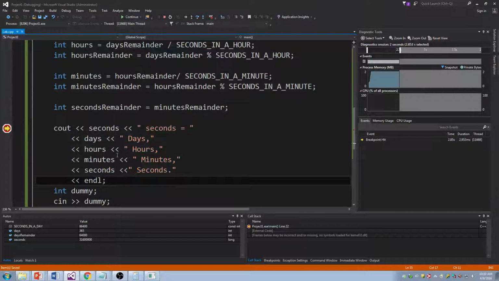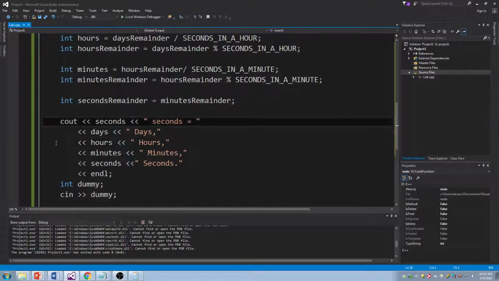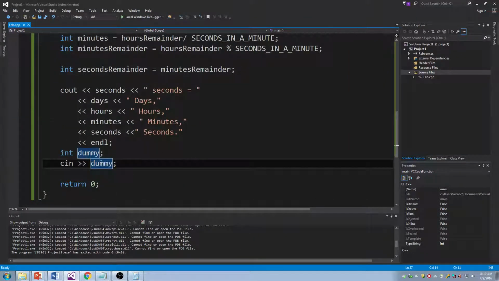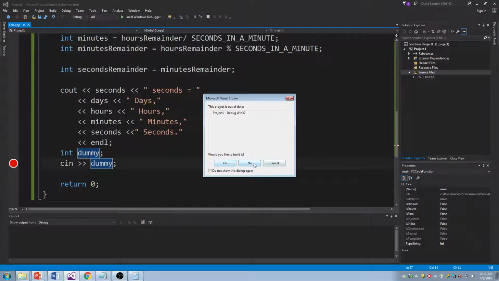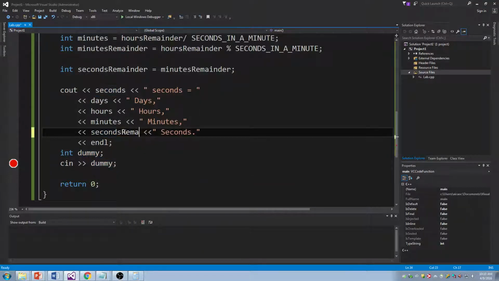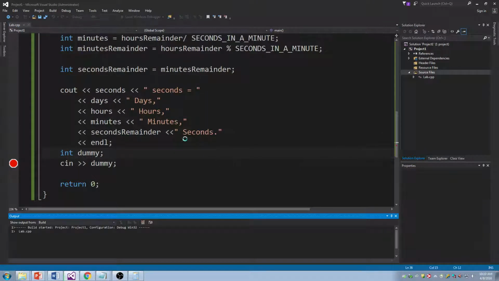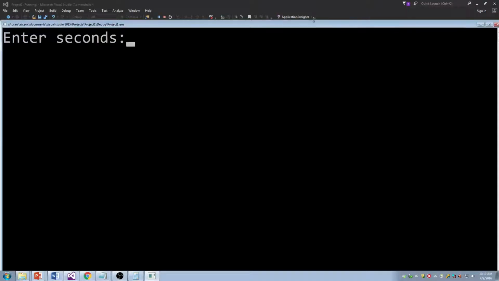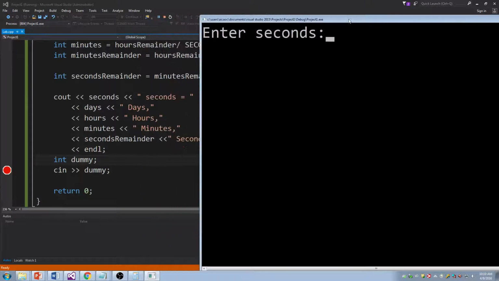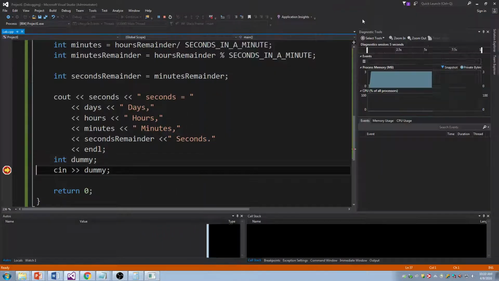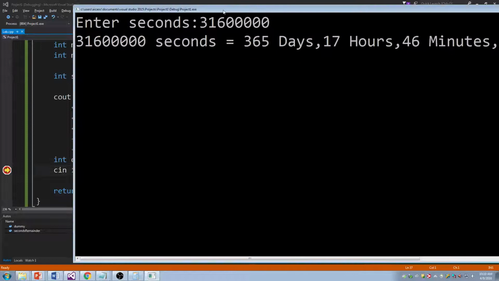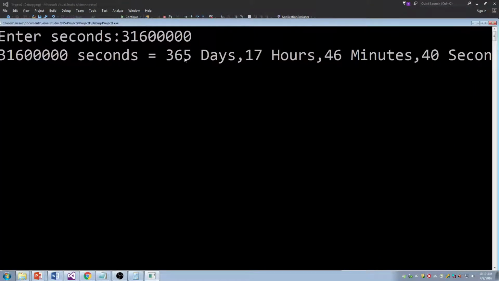I'm putting these on different lines just because it makes it easier for me to read all on one page when it's zoomed in. Oops. This will be seconds remainder. "365 days, 17 hours, 46 minutes, 40 seconds."